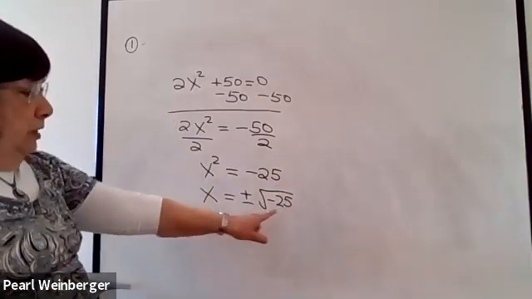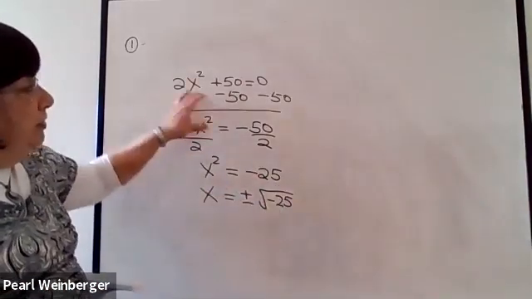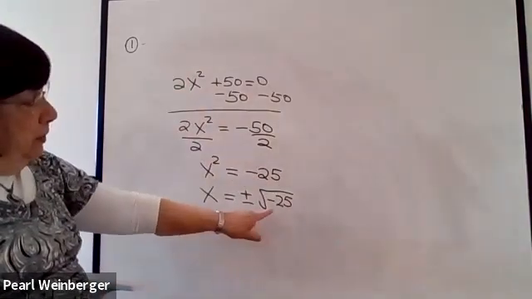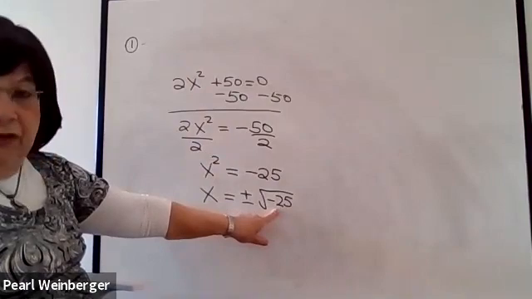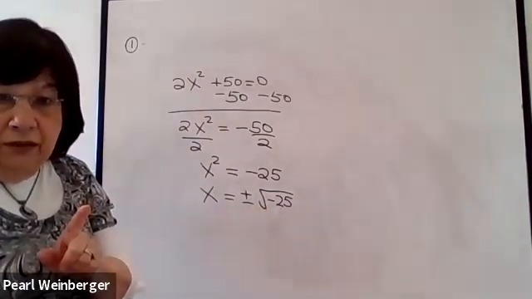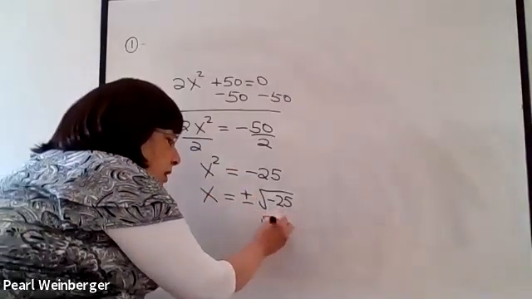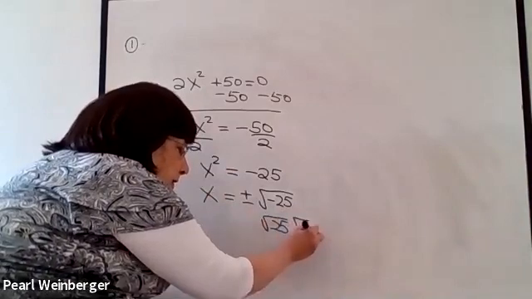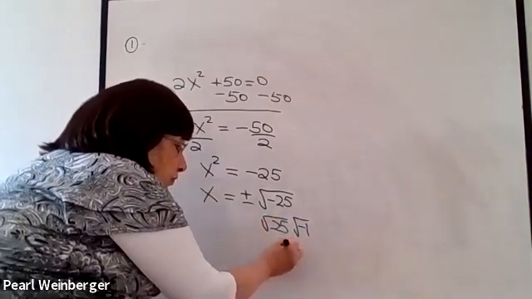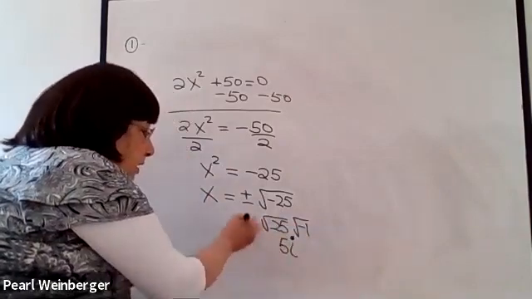And actually, I could not have solved this by factoring, because this is not a real number. The square root of negative 25, though, we know what it is. It's the square root of 25 times the square root of negative 1, which is 5i. The square root of negative 1 is i.